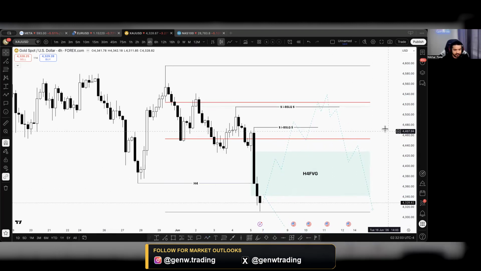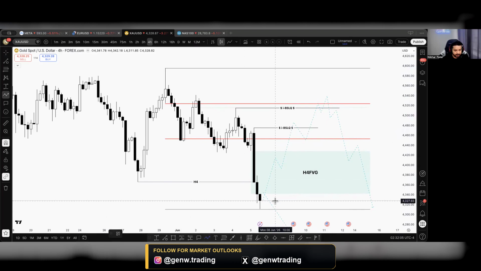In a scenario where on Monday or Tuesday, if price shows a bullish break of structure, then we can assume to take longs until we arrive at the premium zone. So this is the game plan for gold. I would personally wait for Monday and Tuesday for either price to reach here or to do an internal breakout structure for longs.